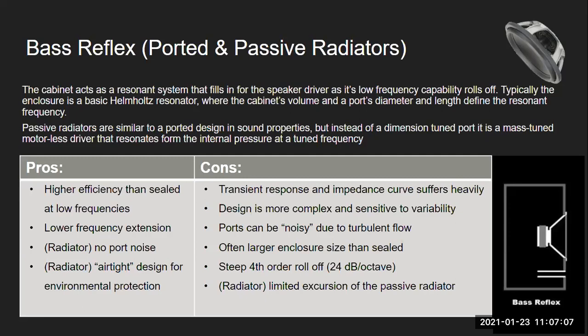It's almost always turbulent flow, but you want it to be lower turbulent flow, because if you have too high a velocity, then you'll end up with chuffing, kind of almost a whistling sound. If there's too high a velocity in the port, then it's not laminar flow. So that's something that can be designed for as well. There are some pretty simple calculations typically in many of the design tools that are available.